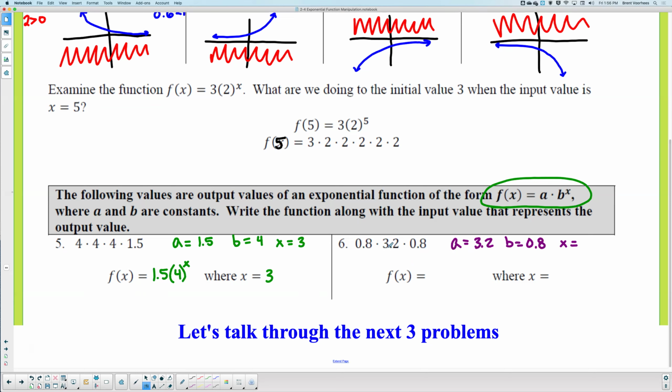And now our x value. You got it. So the equation would look like 3.2 times 0.8 raised to the power of x. Since this says f of x, you'd put an x there, but then you would say where x equals 2. Perfect. All right, let's go look at the College Board questions here.